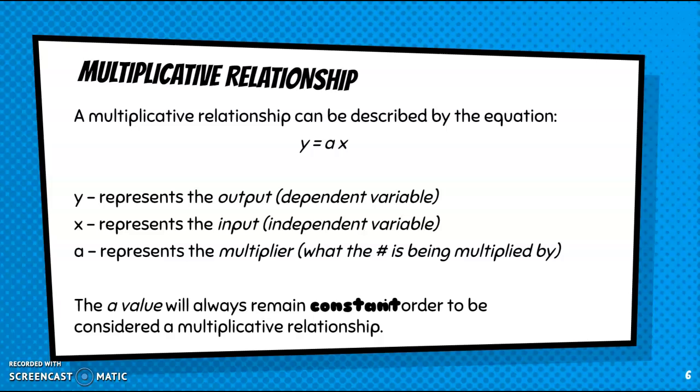Y represents the output, or the dependent variable. X represents the input, or the independent variable. And A represents the multiplier, what the number is being multiplied by. The A value will always remain constant in order to be considered a multiplicative relationship.